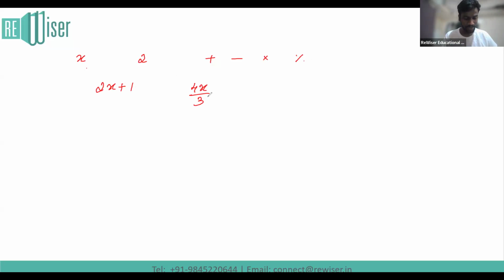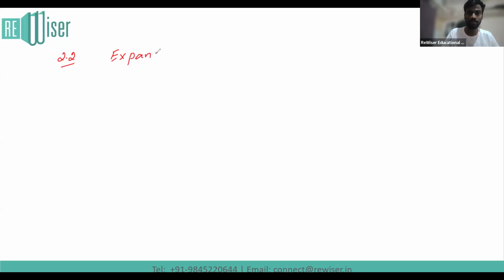Now, under 2.2 algebraic manipulation, the first thing that you should know is about expansion. So we should be aware of expanding. Under expansion, first of all, whenever you have a single variable outside and 2 terms in the parentheses, suppose you have 2x times (4 plus 3x).